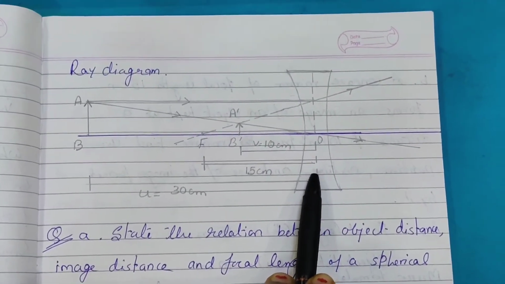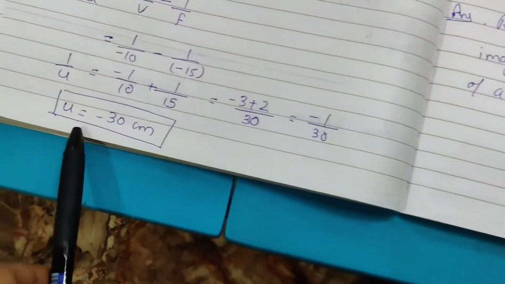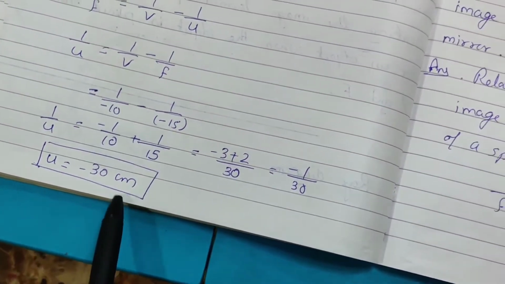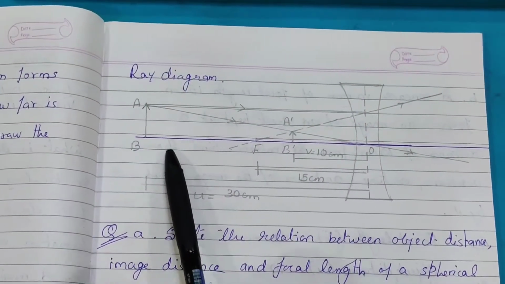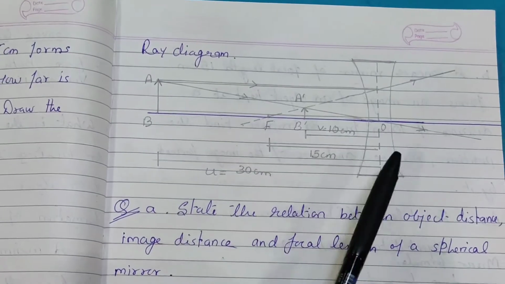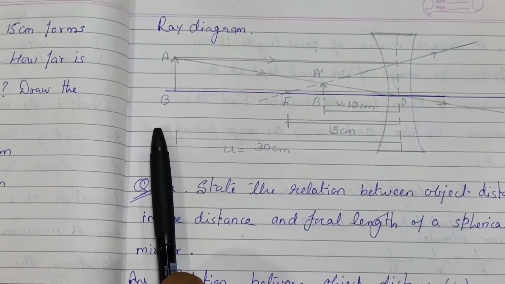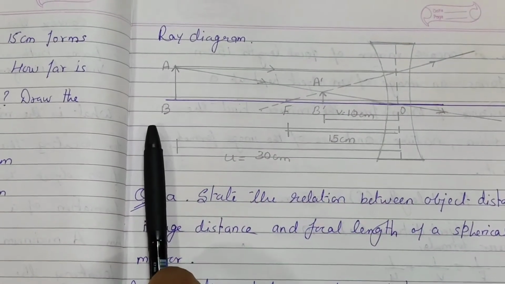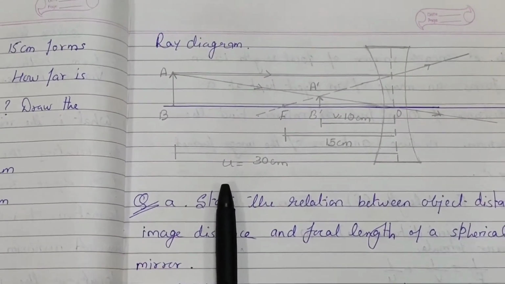The focal length is 15 centimeter, and according to the question we have solved, we received u equals -30 centimeter. So the position of the object is on the same side as the image. So your u equals 30 centimeter.